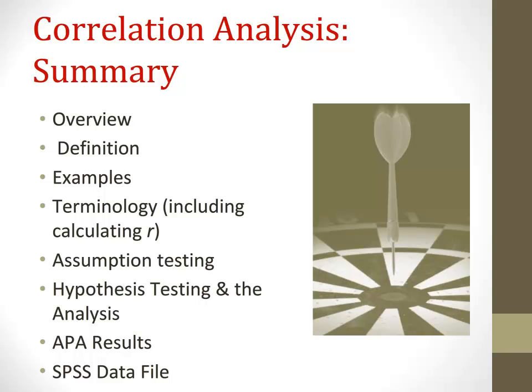You should be able to identify the items needed to report a correlation coefficient, zero-order correlation in APA style, and finally how to set up a data set for a correlation analysis in SPSS.